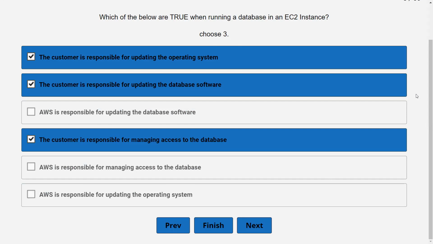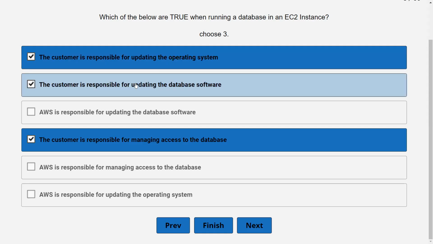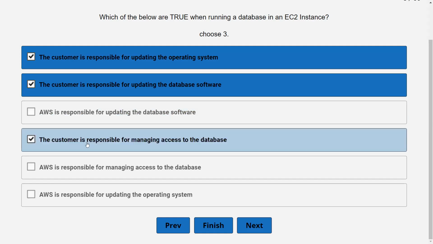So it means the customer's responsibility comes into play here. One, updating the operating system. And then the customer is responsible for updating the database software. It's not AWS's responsibility. The customer is also responsible for managing access to the database itself, so you talk of your password policies and all that. So that is about it.